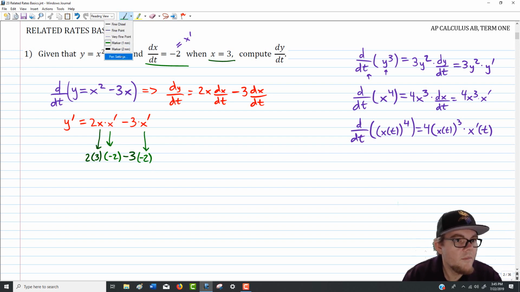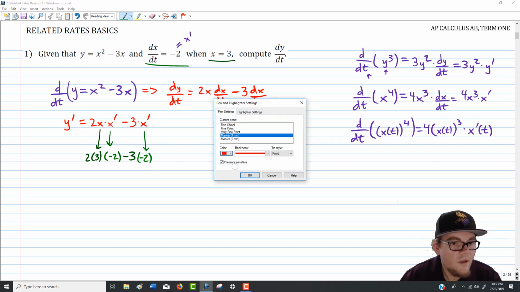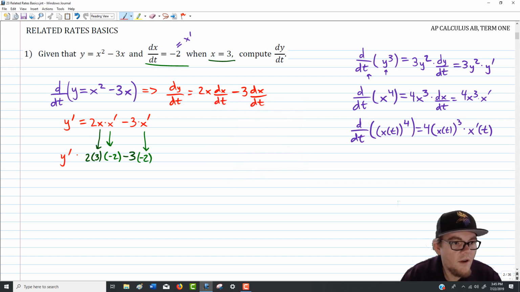And then for y prime, we don't know what y prime is, but that's okay, because we're trying to figure out what dy dt is, which is just another way of saying y prime. So in our equation here, you can clearly see that we just have y prime by itself equal to this expression on the right. And simplifying all this, we get -12 plus 6 is -6.